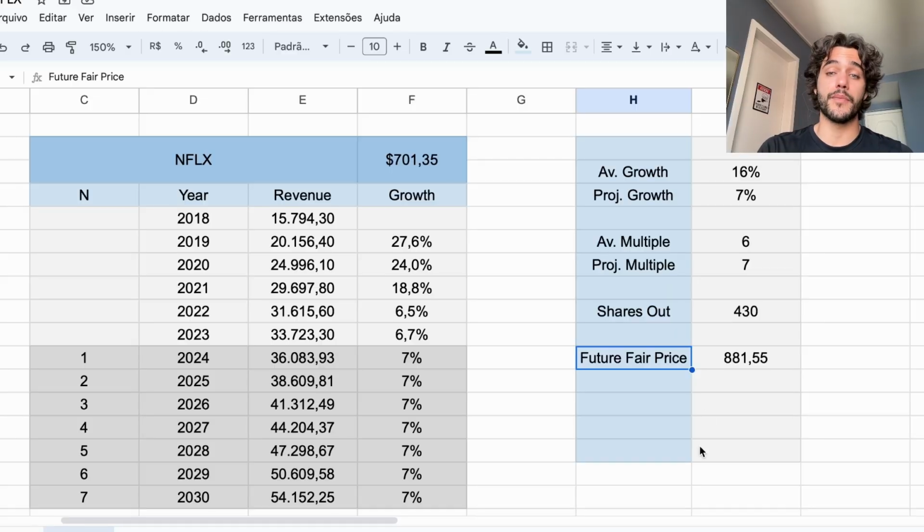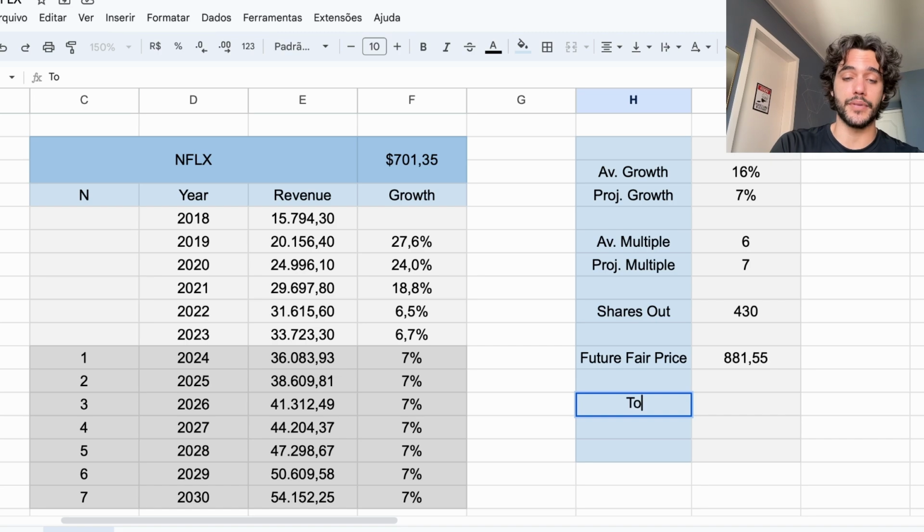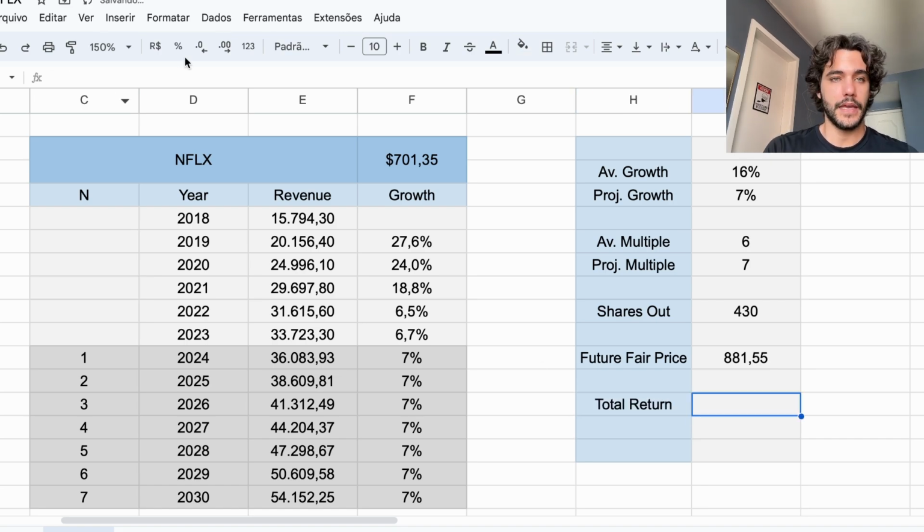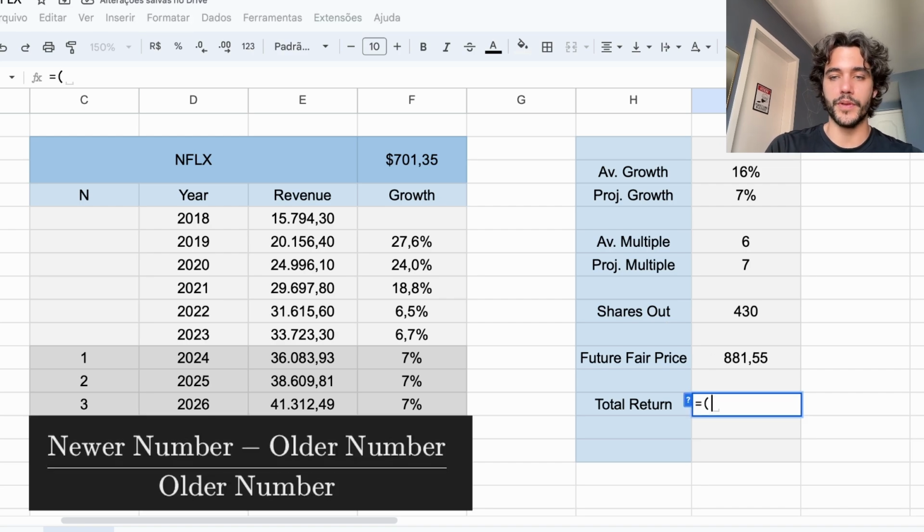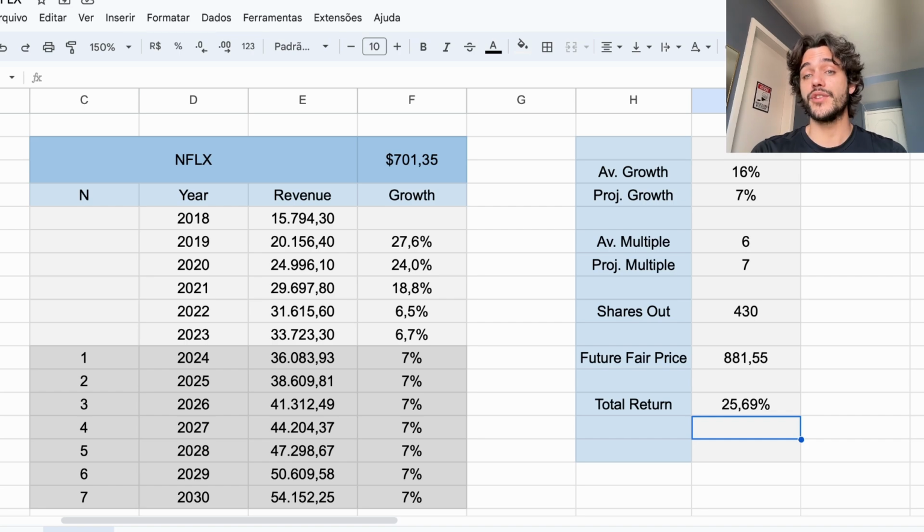To get this information, we type total return, and then equal, open parenthesis, newer number minus older number, close parenthesis, divided by older number. Enter. So according to these premises, in 7 years, Netflix would generate a total return of only 26%.